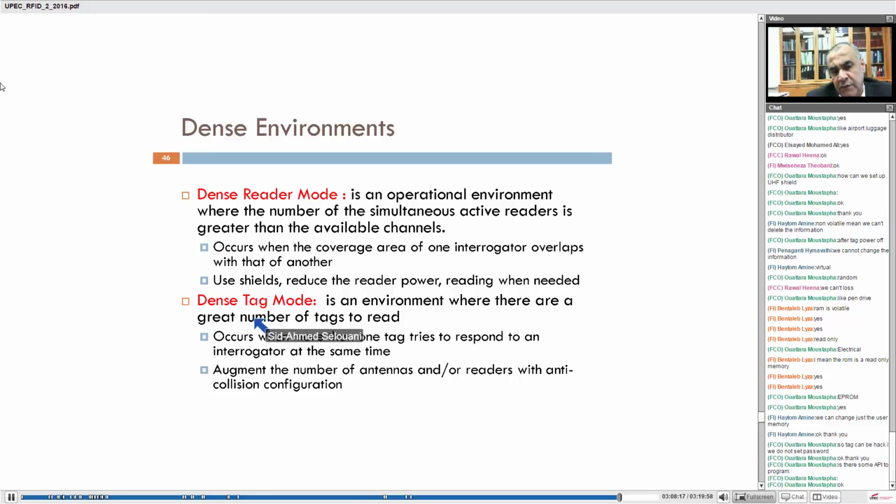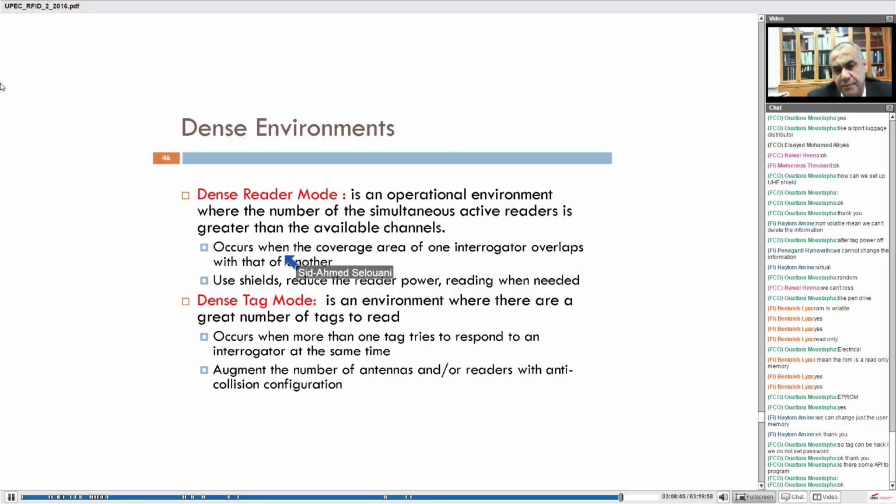Remember the channels, maybe in France you have 10 channels and you have 12 readers. What you can do, you can manage to work in dense reader mode. To work in this situation, you can use shields, reduce the reader power, even if you are using the same channel. So you use a Faraday cage, you reduce the reader power, and you read only when you need.